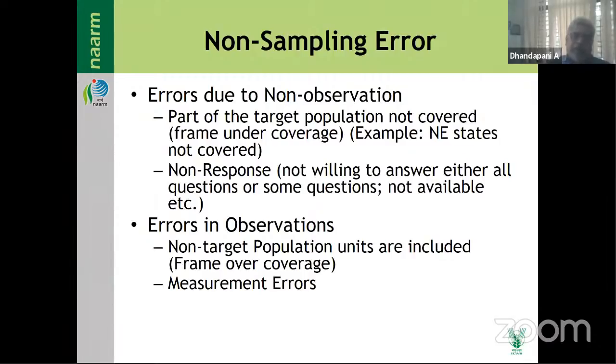Again, non-response can cause serious damage to your estimates. The very famous example of non-response bias is one you can check on the internet: the survey conducted by a US newspaper on a presidential election.